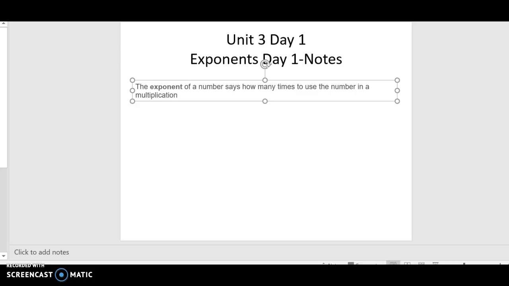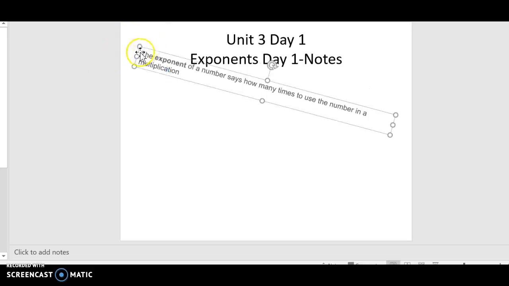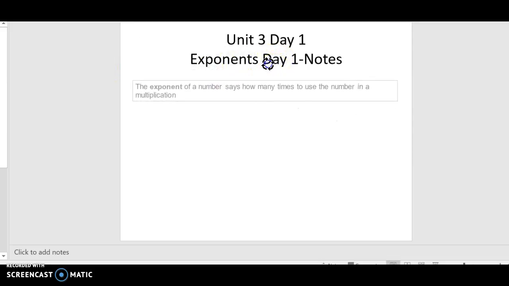So first off, what is an exponent? The exponent of a number says how many times to use a number in multiplication, right? So if I have 2 to the third power, this exponent 3 tells me to multiply that base by itself 3 times.